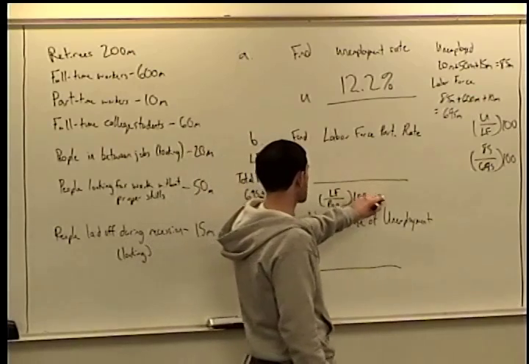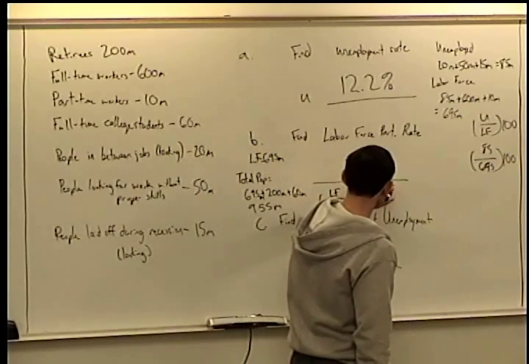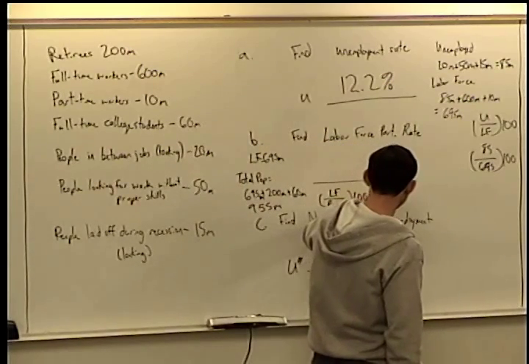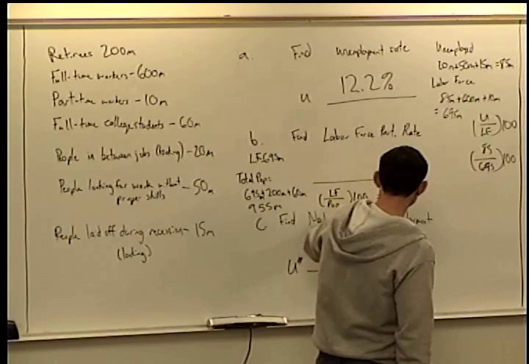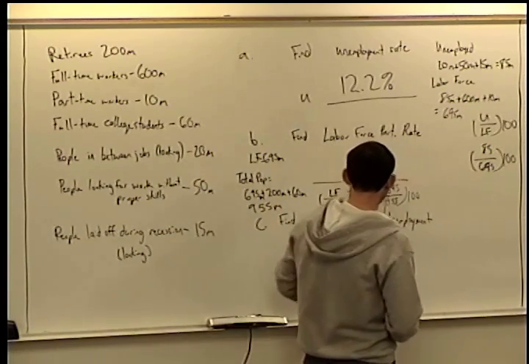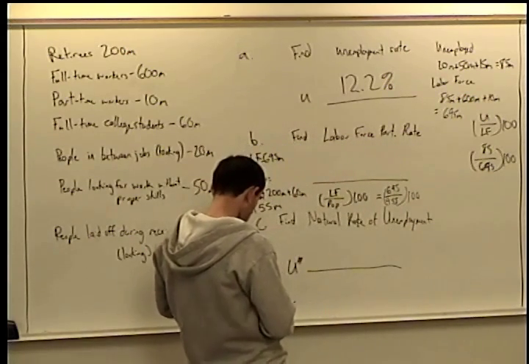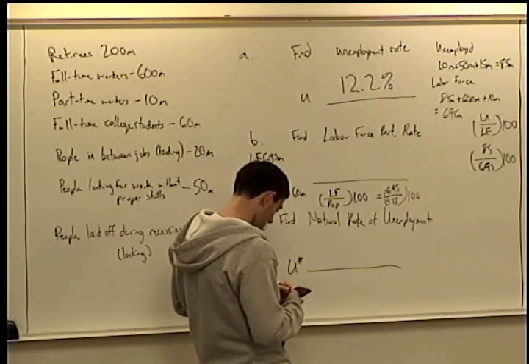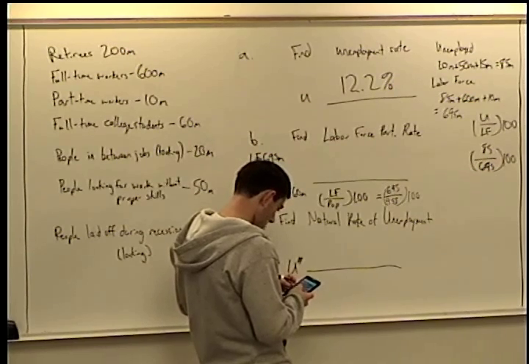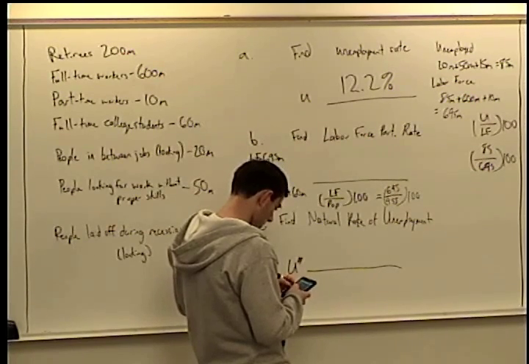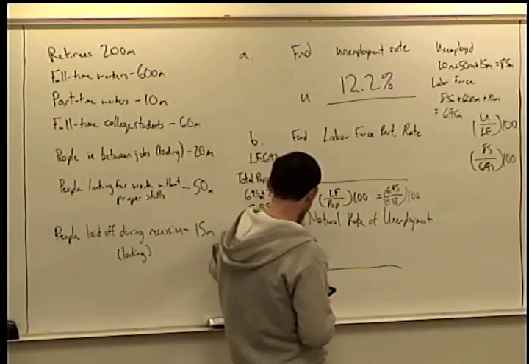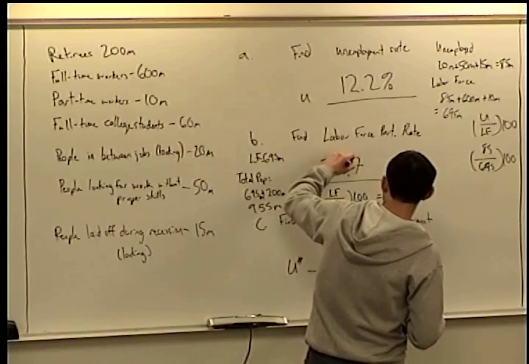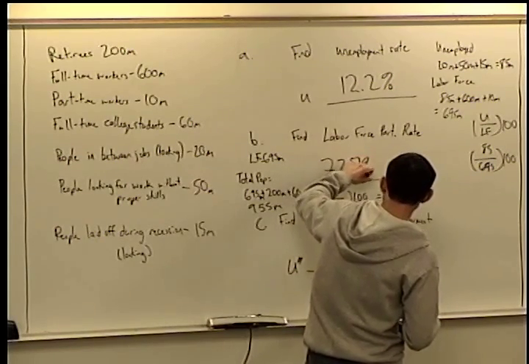And that's going to be equal to 695 divided by 955 times 100. And if you calculate that, you should come up with 72.77, or we'll call it 72.8%.